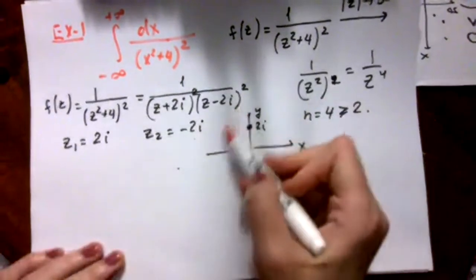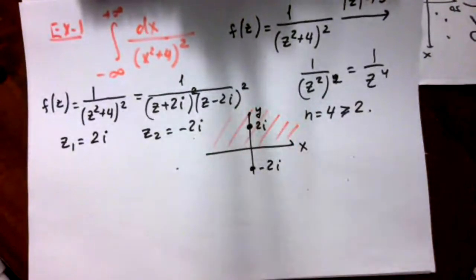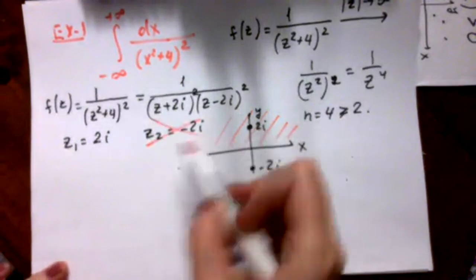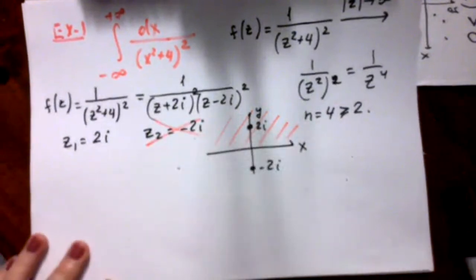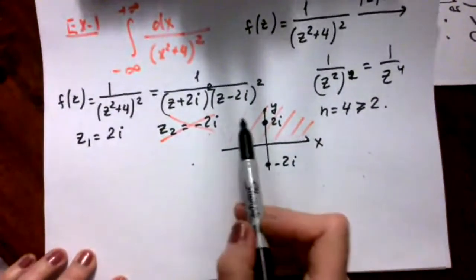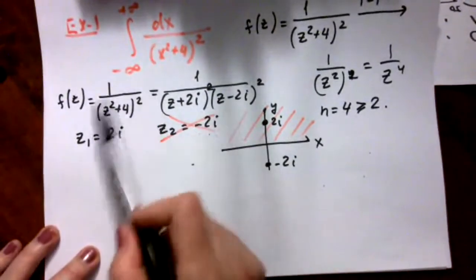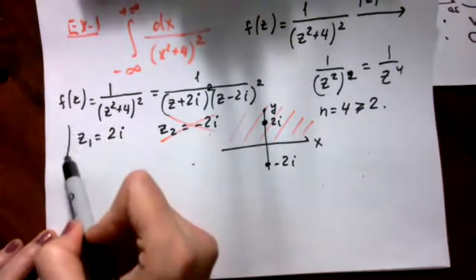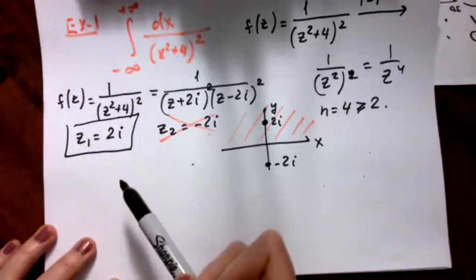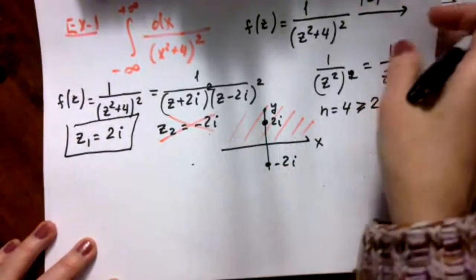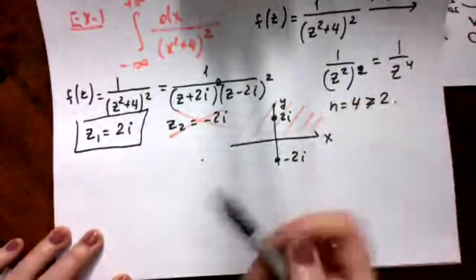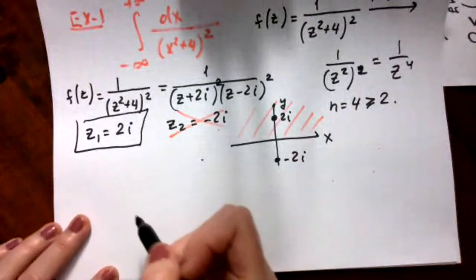And we are interested only in those which are above the x-axis. So we are not interested in these guys at all. Let's cross it off. So now all we need to do is calculate the residue of our function in this point. Let's put a frame around it, and then apply our theorem, which is actually the residue theorem for calculation of a contour integral.